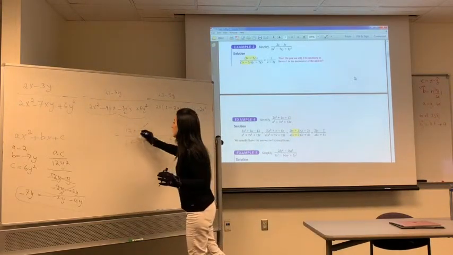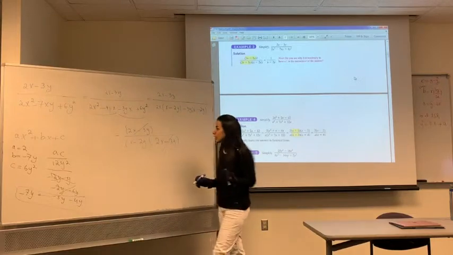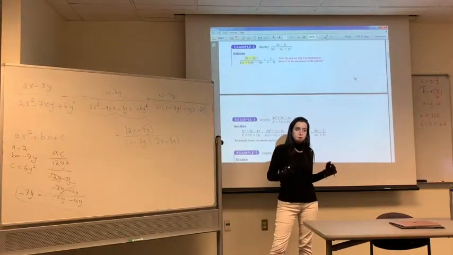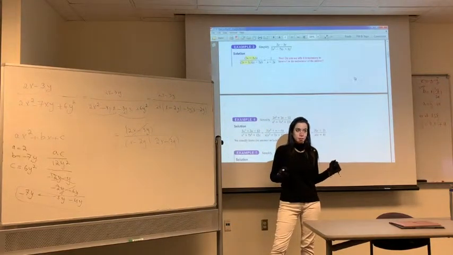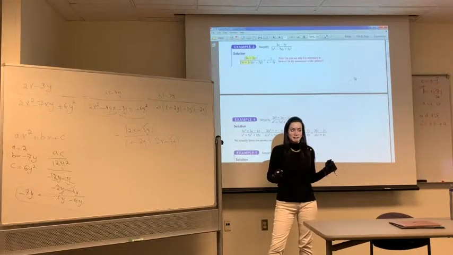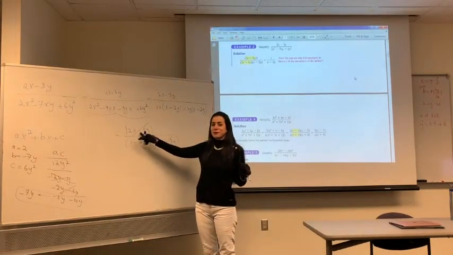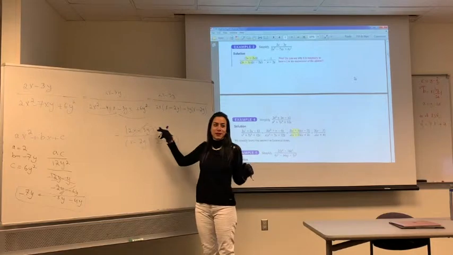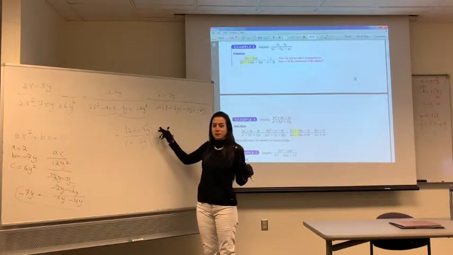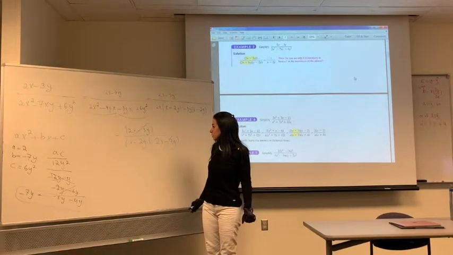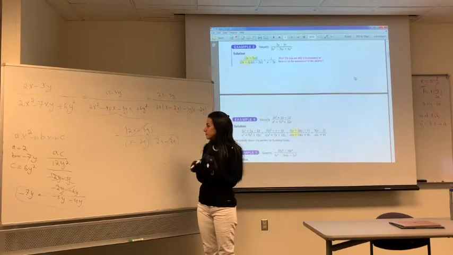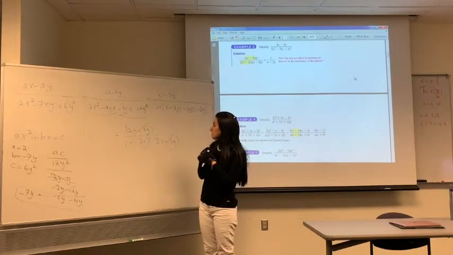Why? Because you could put parentheses around them, right? Am I right? So 2x minus 3y could be in parentheses, right? Wouldn't it be, on top you have negative 3y, x negative 2y. Wouldn't that be y squared if you did that?